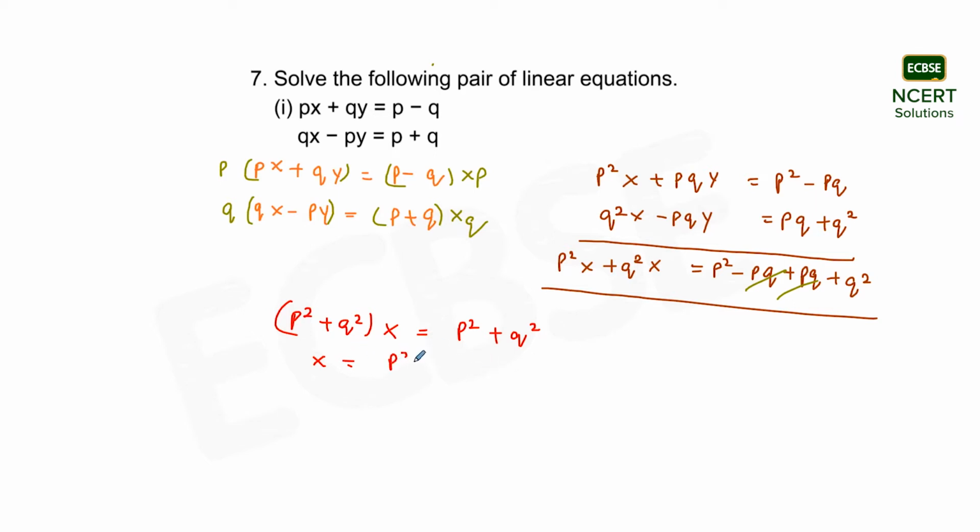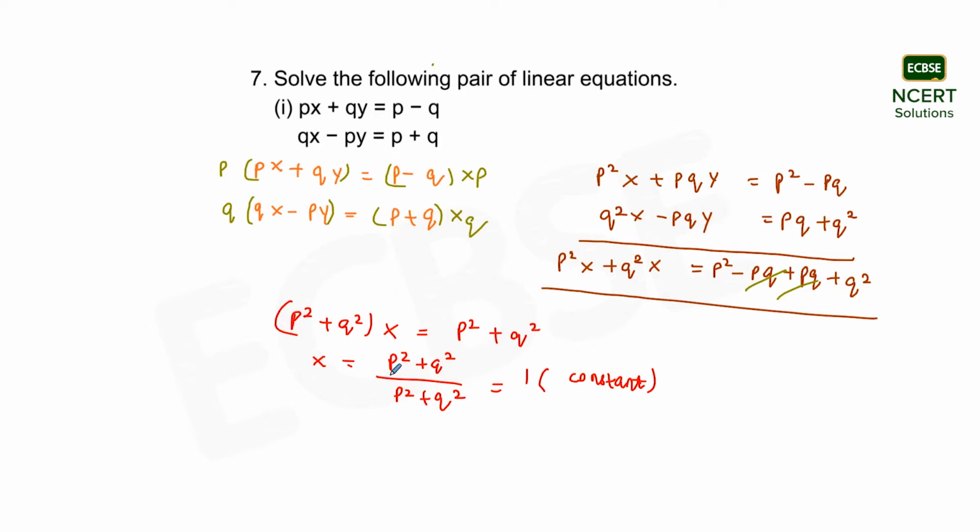So it will be (p² + q²) divided by (p² + q²). As numerator and denominator are the same, these two terms will cancel out each other, and the value of the variable x comes out to be equal to 1, which is a constant. And as we know, 1, which is an integer value, is a constant value.